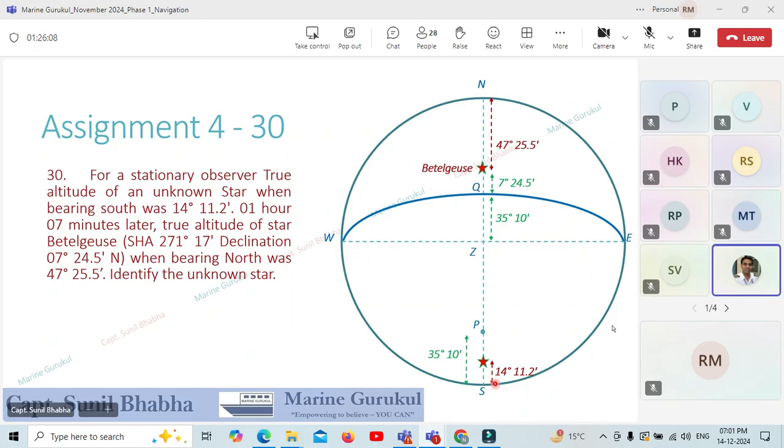S to the particular star is 14°11.2'. Now this helps me to get the polar distance of the star, P to this particular star. It is 35°10' minus 14°11.2', which is 20 degrees 58.8 minutes.